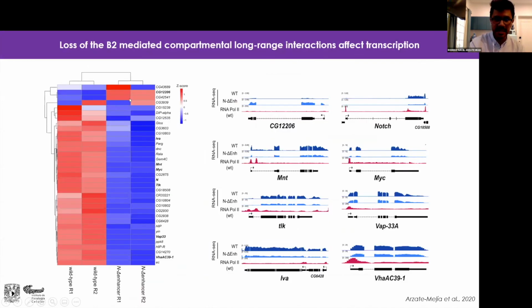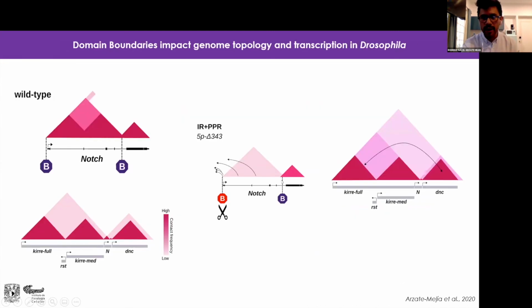And in many cases, we observed that the transcription of many of those genes located within this 1 megabase domain of Notch was downregulated in the mutant, as you can observe in this heat map and in these screenshots for the specific genes located in this region.